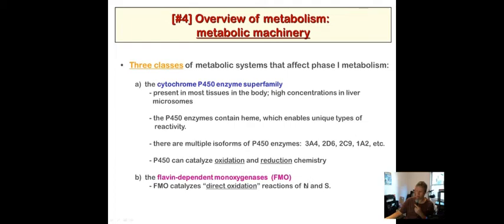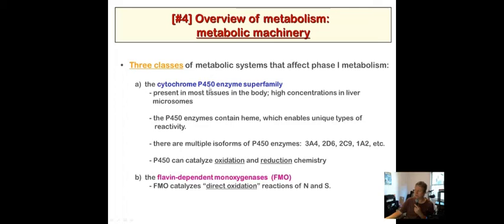So it becomes an amine oxide, like an NO type thing. And sulfur does that also. Sulfur can be directly oxidized by FMO. For the most part, I should say that FMO does this direct oxygenation, whereas P450 does these other things that we'll see, like the oxidative dealkylation.